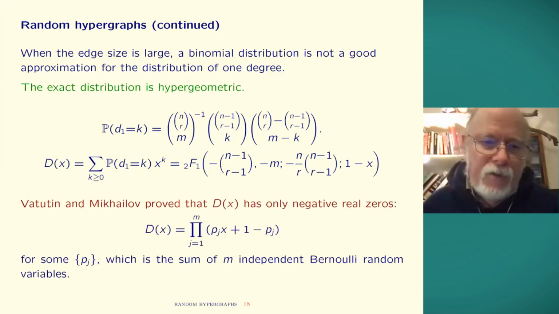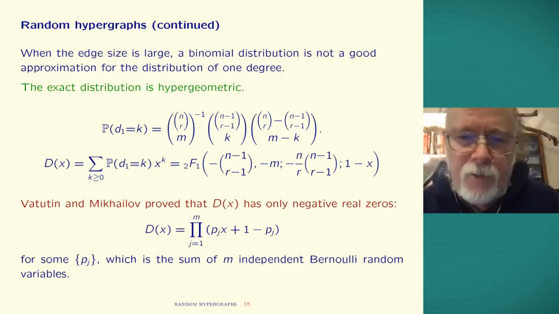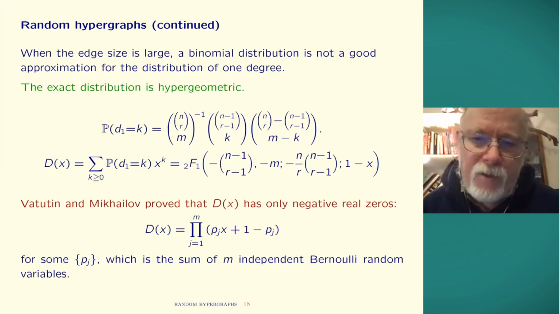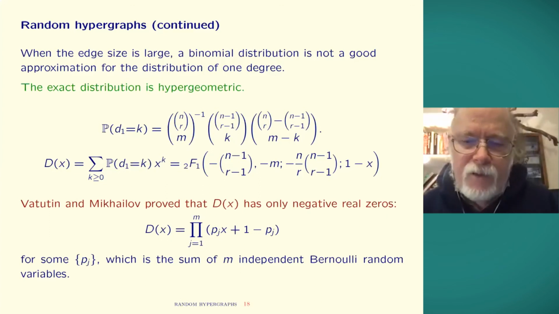However, Vatutin and Mikhailov proved that this function, it's actually a polynomial in this case because of the arguments being integers. They proved that all the zeros of this polynomial are real and negative.